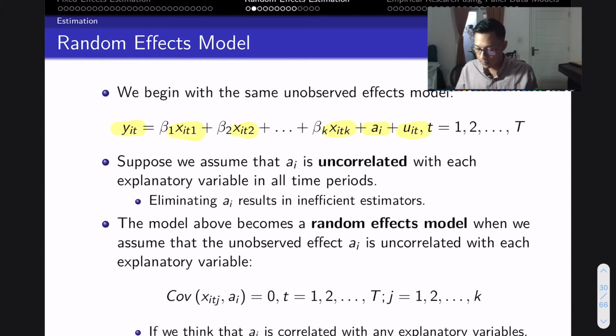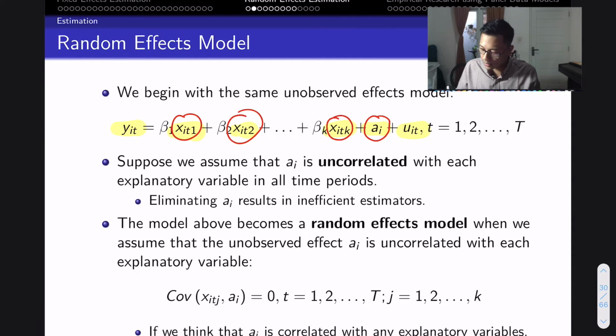We'll see in which cases we can actually use this assumption. Now, if it really is uncorrelated, then a_i is going to provide information, and so eliminating a_i is going to result in inefficient estimators.